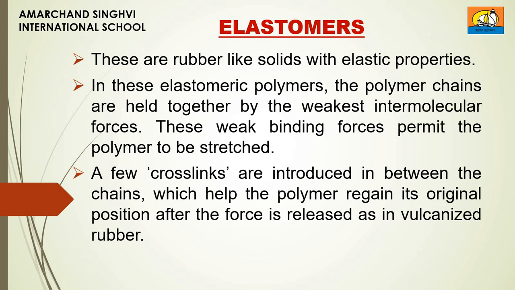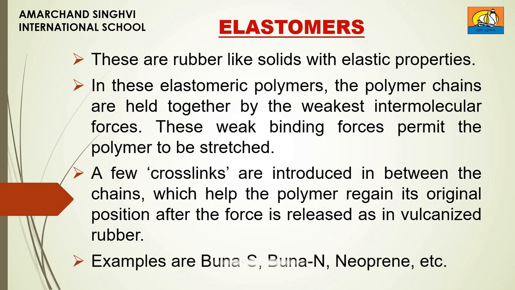A few crosslinks are introduced in between the chains, which help the polymer to regain its original position after the force is released, as in vulcanized rubber. Examples of elastomers are Buna S, Buna N, neoprene, etc.